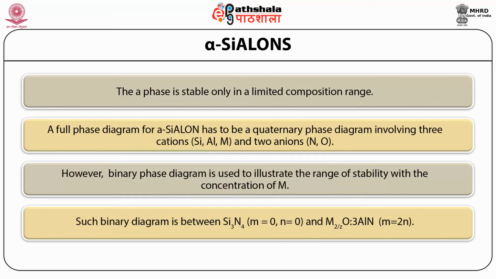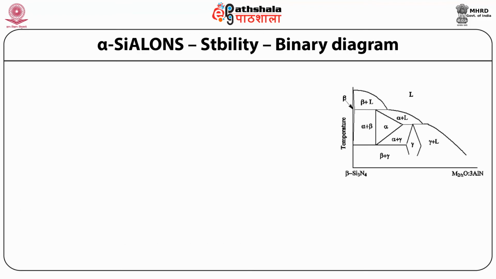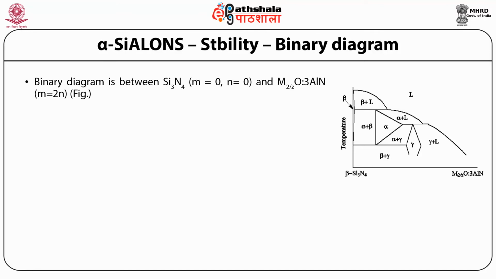in the next slide. So students, you can see a figure on the top left corner of the slide showing the pseudo-binary phase diagram between beta Si3N4 and M(2/z)O.3AlN, showing the region of stability of the alpha sialone phase.